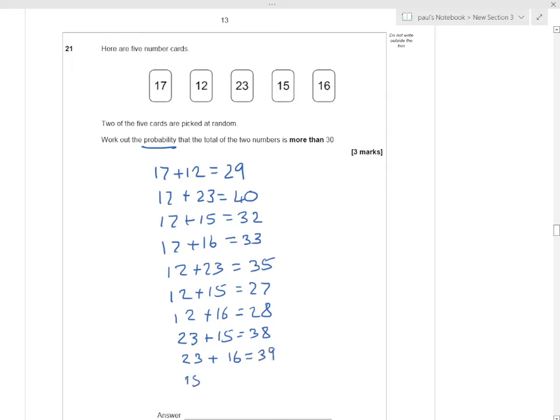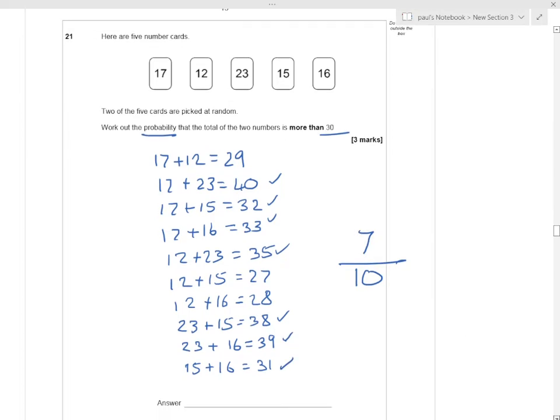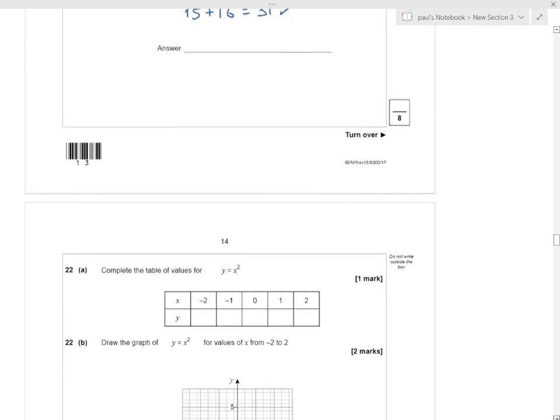And 15 plus 16 is 31. So how many combinations are there? 1, 2, 3, 4, 5, 6, 7, 8, 9, 10. So there are 10 combinations. And how many come out to be more than 30? 1, 2, 3, 4, 5, 6, 7. So it's 7 out of 10. Oh, it's a long question that was.